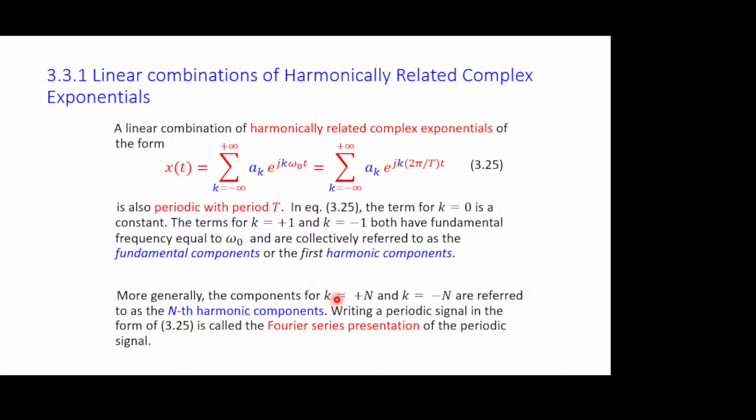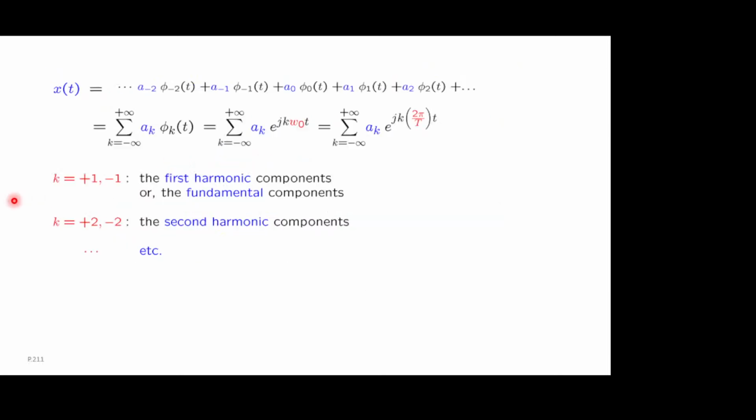I think that's pretty intuitive, right? Any question about this linear combination of harmonically related complex exponentials? For now, we are just summing together a whole bunch of complex exponentials. So this is some function.